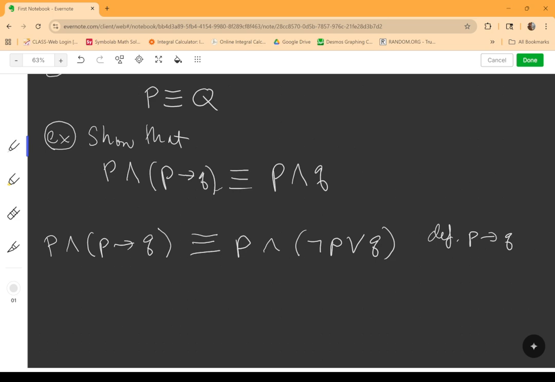Now I'm going to use the distributive law here. The distributive law states I can have (P and not P) or (P and Q).